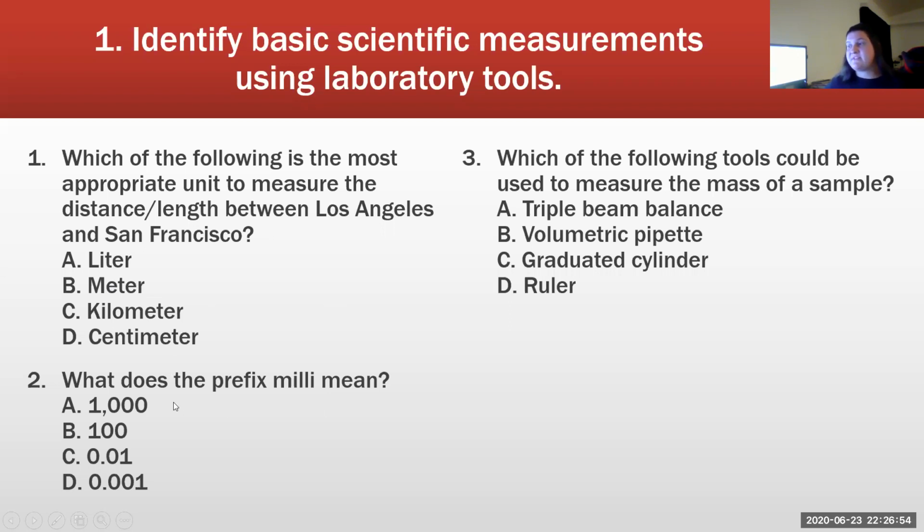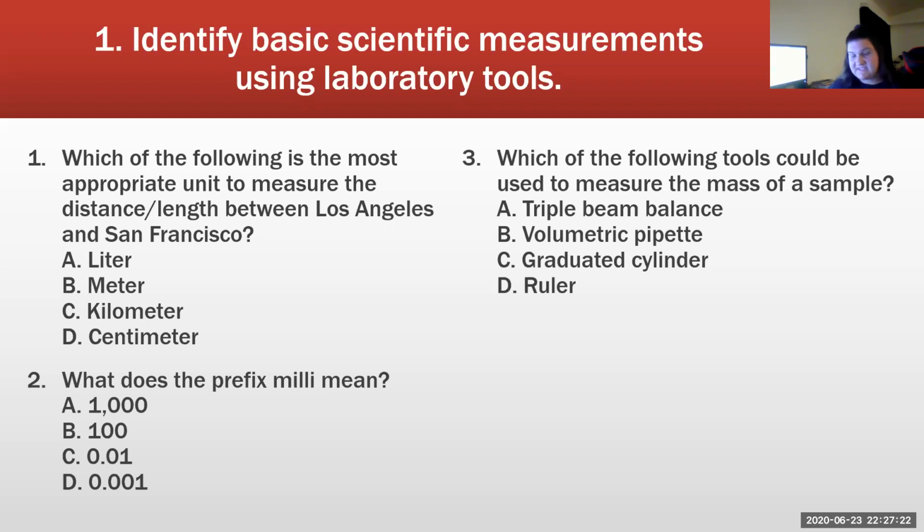So what does the prefix milli mean? 1,000, 100, 0.01, 0.001. So if we're looking at milli, again, millimeter, that's the milk in the King Henry died by drinking chocolate milk acronym. The prefix milli means D. Option A would be kilo. Option B is hecta.